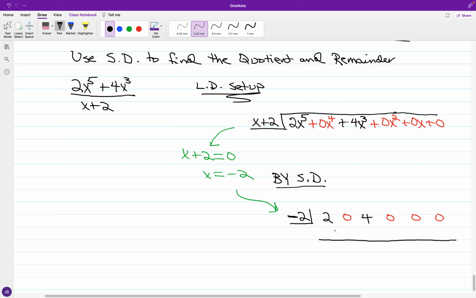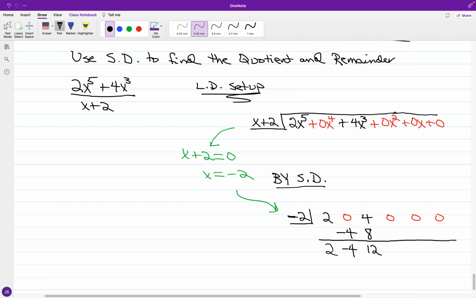Okay, so again, your 0 we have at negative 2. Now for the first coefficient in the dividend, I'm going to bring down 2. Once that is brought down, multiply by negative 2. So I got negative 2 times 2 is negative 4. And we'll add the terms in the second column. So we have 0 plus negative 4 is negative 4. Once that's brought down, multiply by negative 2. Negative 2 times negative 4 is a positive 8. Then we have 4 plus 8 is 12.